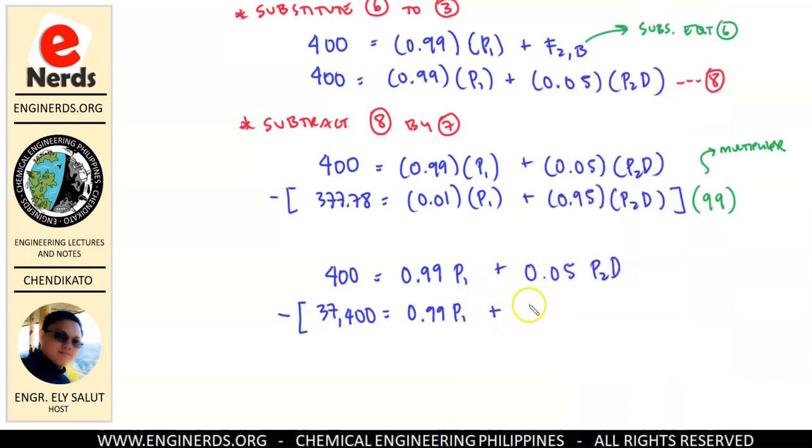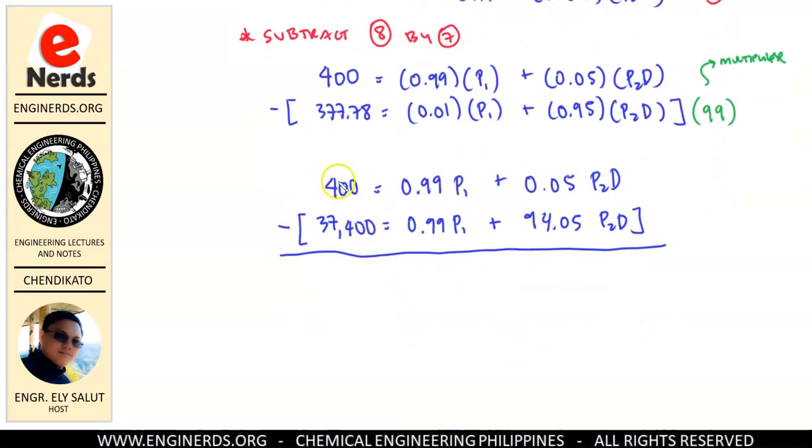So, 94.05 P2D. Okay? Now, we're going to subtract this one. So, 400 minus 37,400. So, we have negative 37,000. This is equal to 0.99 P1 minus 0.99 P1. So, this will be equal to 0. Okay? So, 0 na to.